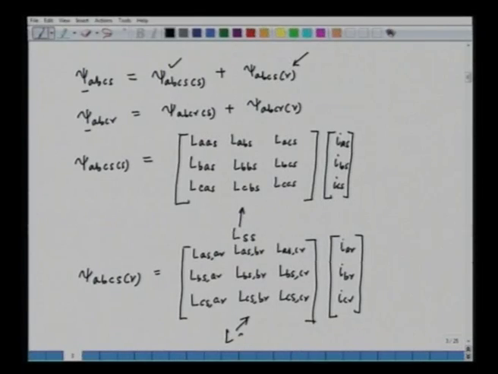So this matrix LSR is the mutual inductance between the stator and the rotor.